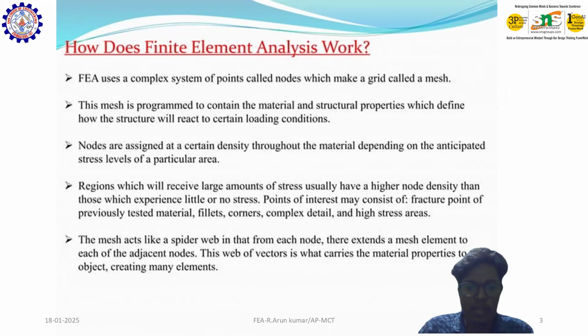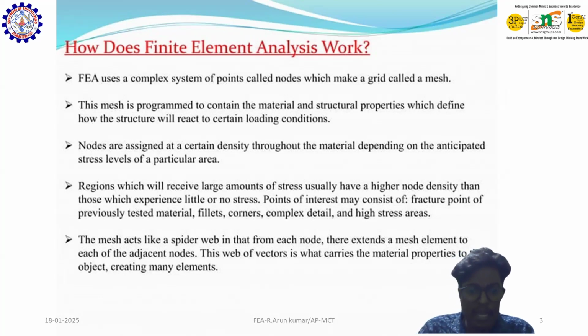Regions with high stress usually have a higher node density than those which experience little or no stress. Points of interest may include fracture points of previously tested material, fillets or corners, complex details, and high stress areas. The mesh acts like a spider web.